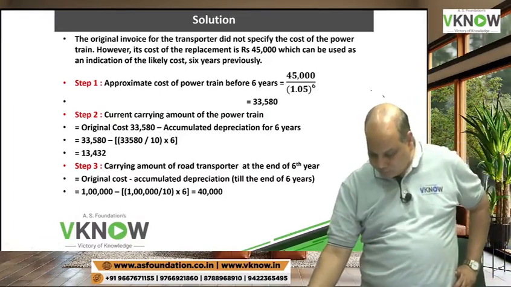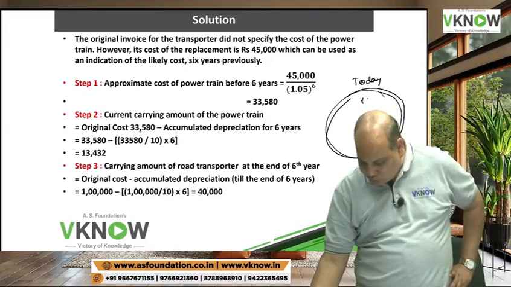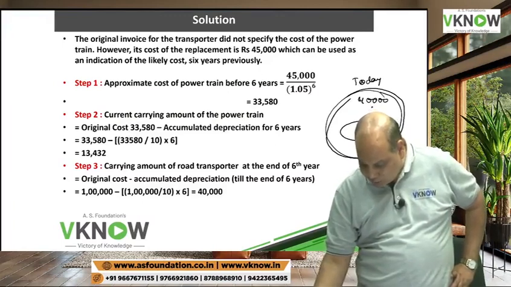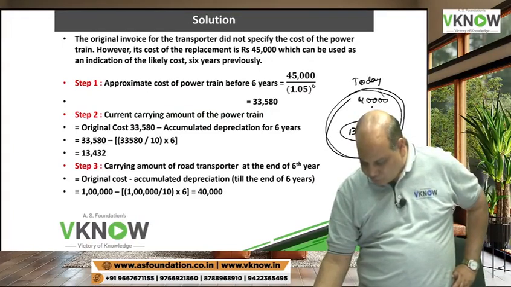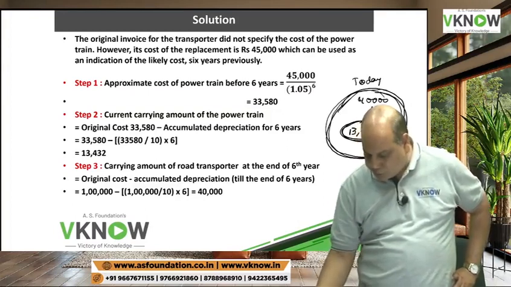Now understand, today, that is after 6 years, 40,000 is the value of this entire transporter, and it contains a small powertrain part which is 13432. 13432 is a part of this 40,000.